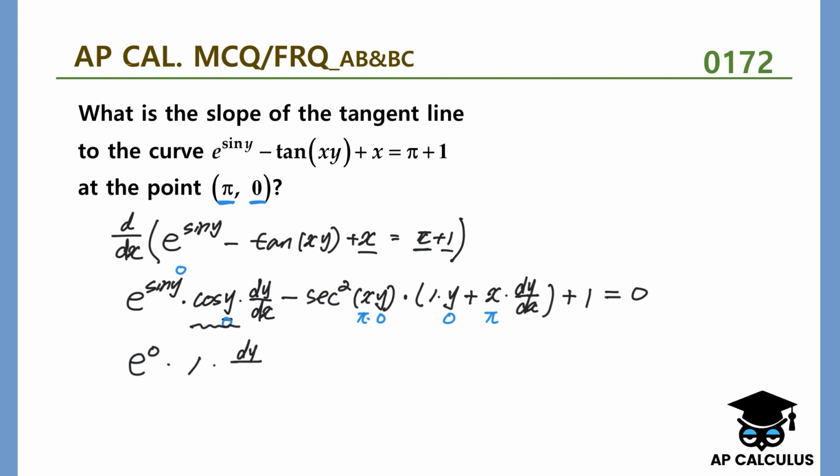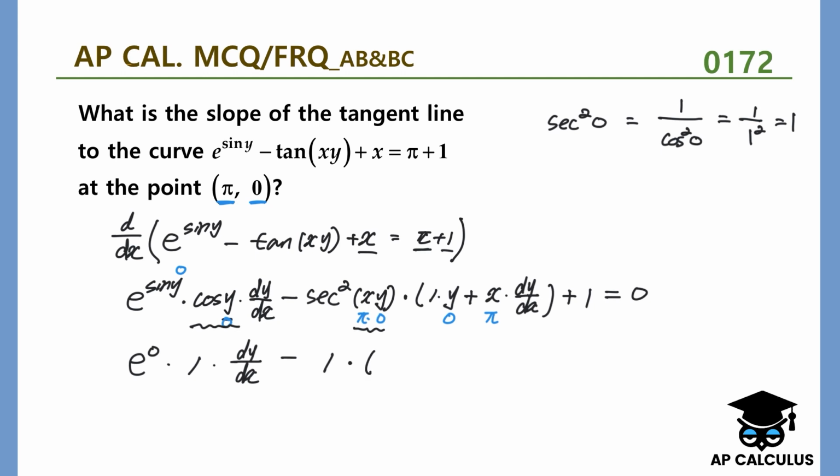So we have dy dx minus, here we have secant squared of 0. Pi times 0 is 0. Secant squared 0 is equal to 1 over cosine squared 0. Cosine 0 is 1, so that has to be 1. So 1 times the 0 here is 0, so I'm not going to write it.